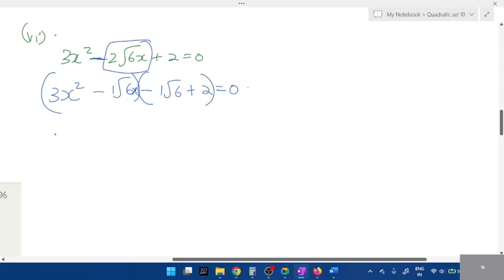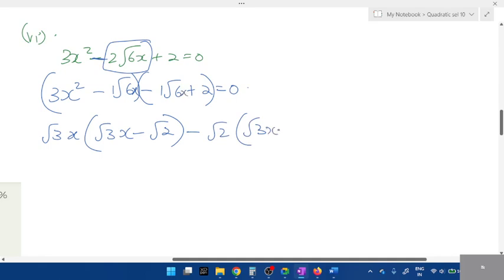Okay, I'll just figure this out. Actually, you have to take root 3 outside. If you take root 3 out, you get root 3x into root 3x minus root 6 by 2 into 3.